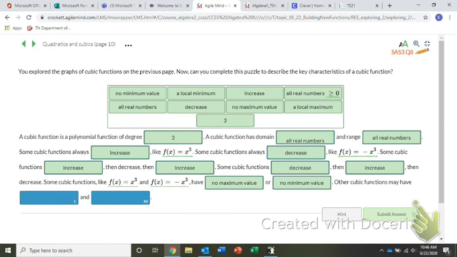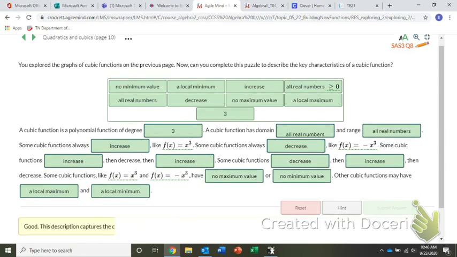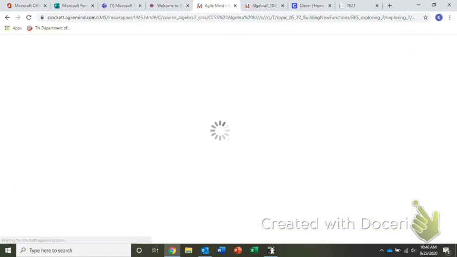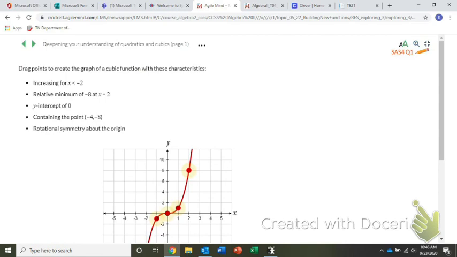But other cubic functions that have an x cubed and an x squared or a constant with it do have local maxes and local mins. Okay? So now you have 3 practice questions to do. Number 7, number 8, and number 10.